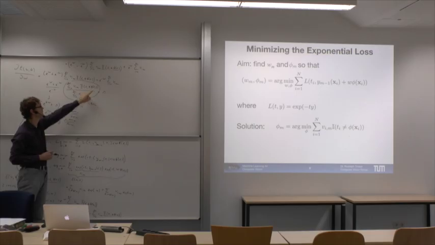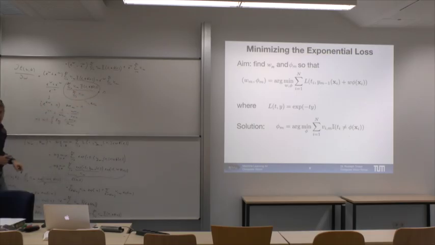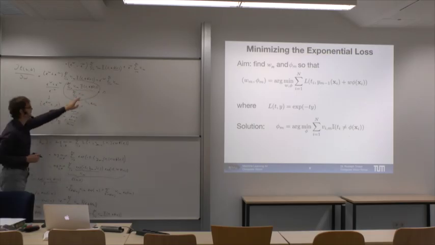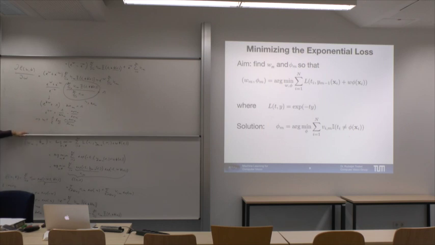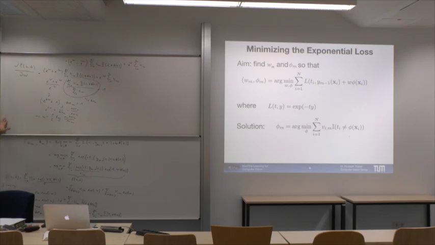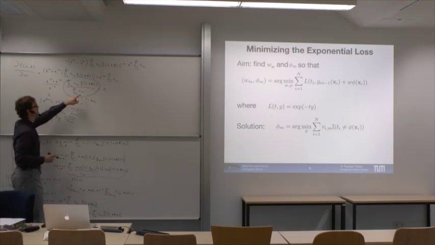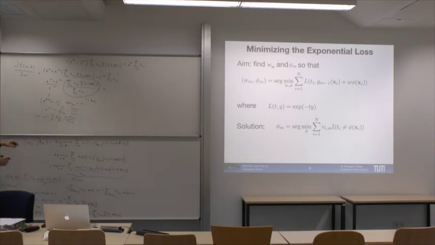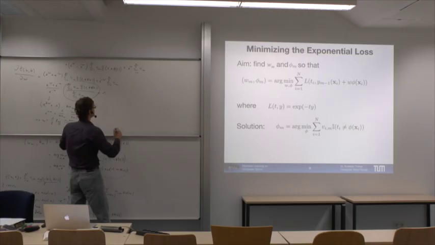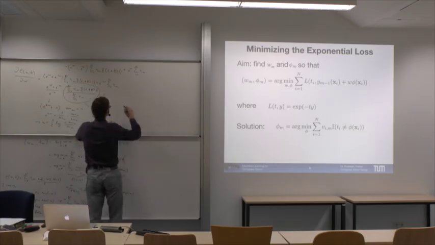I plug it in here, I compute the error of that phi m, and once I have the error of that phi m, I can compute w. The only problem we still have is we need to compute v, right? These values here are given from the previous round, but for the next round we need to find them somehow. We need to compute them in the next round to be able to do this iteratively. So the last thing that remains to do is to compute, let's do this here.